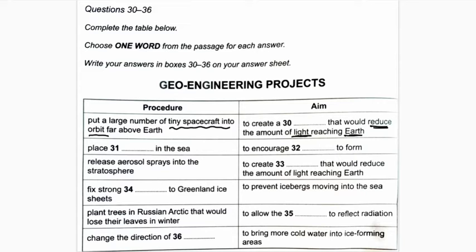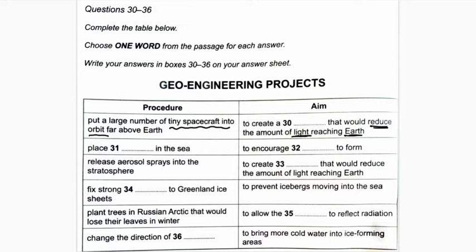So it is a procedure that they put some tiny spacecraft into orbit, and their main aim is to create dash that would reduce the amount of light reaching the earth. So our answer is somewhere here. Okay, so here are the keywords: tiny spacecraft, reduce light and earth.